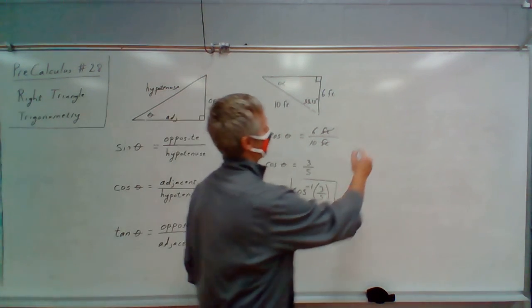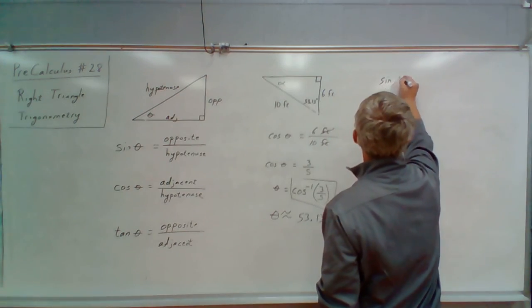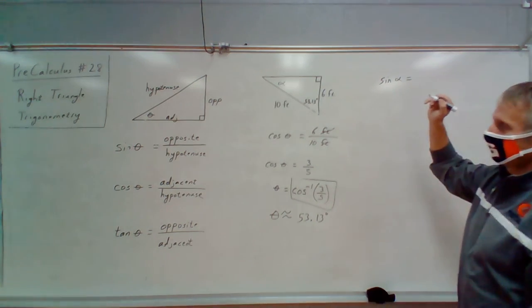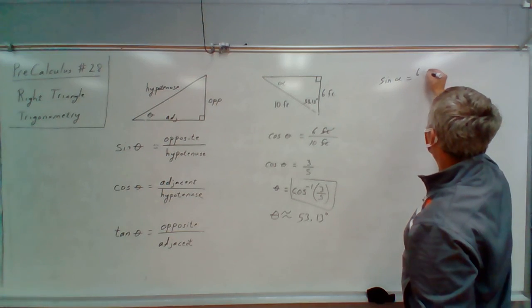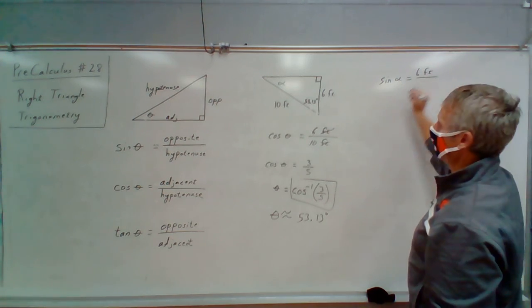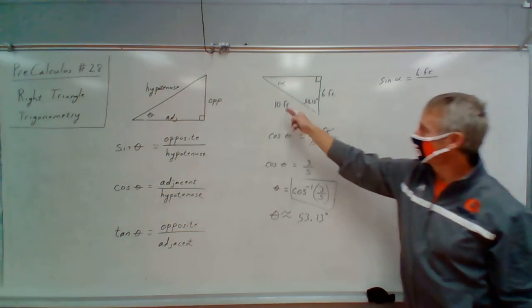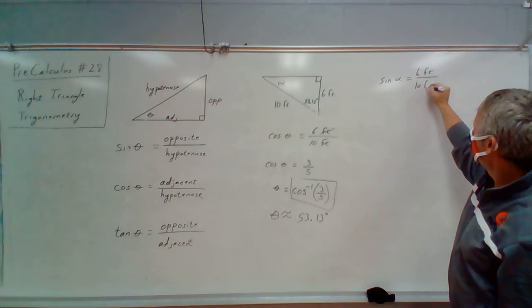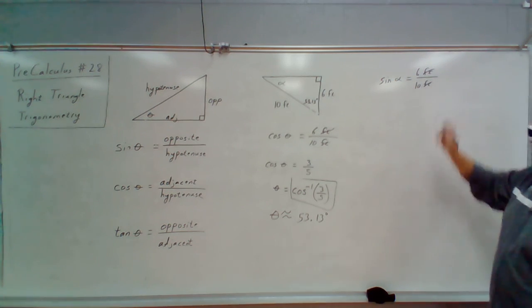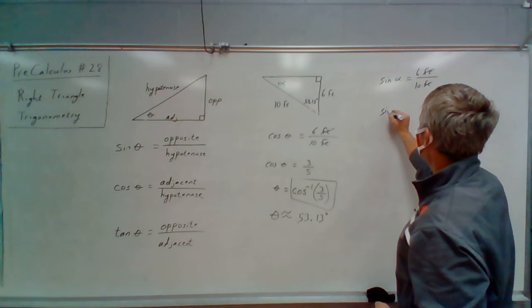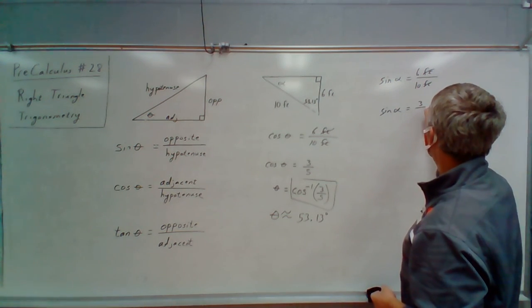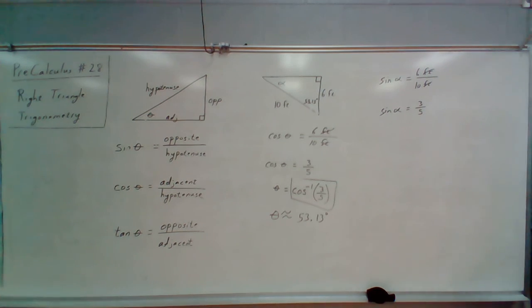So the sine of alpha equals the opposite side, which would be 6 feet, over the hypotenuse, which would be 10 feet. So again, my feet cancel and I'm left with a pure number. So the sine of alpha is equal to 3/5.